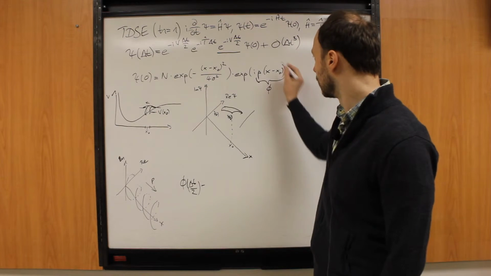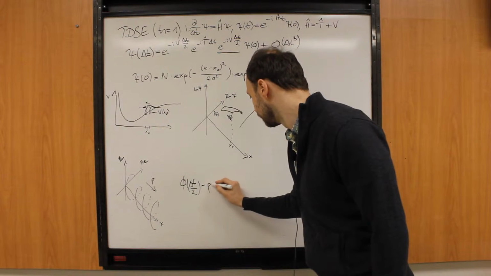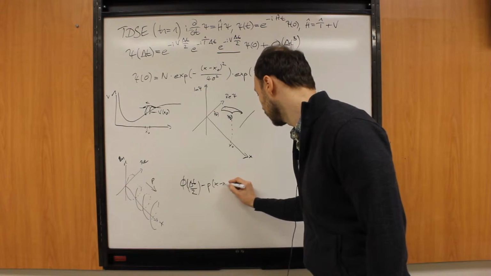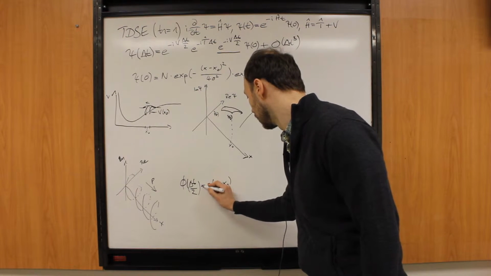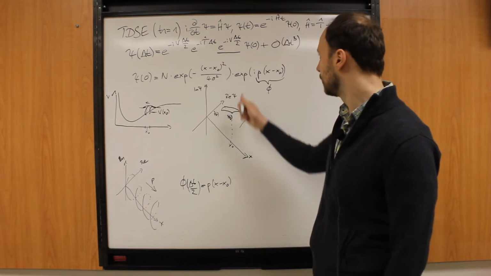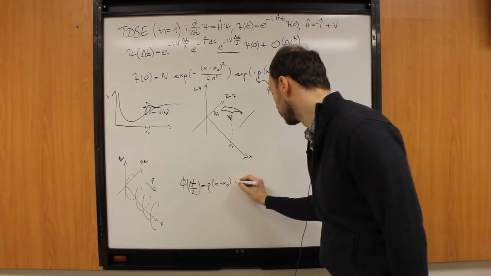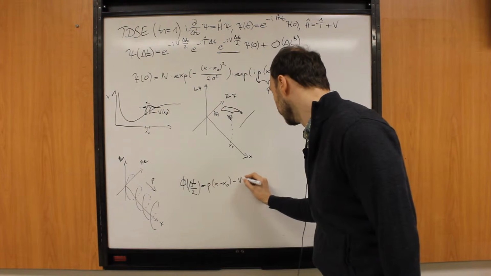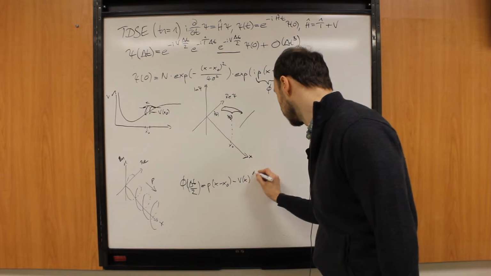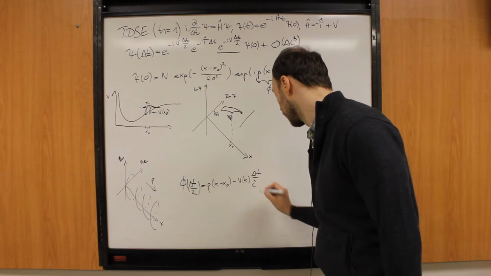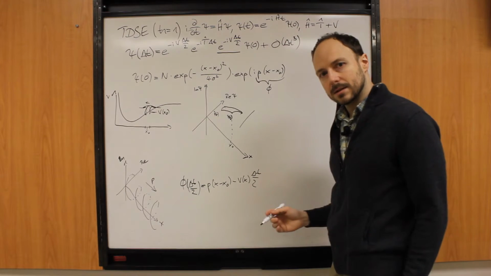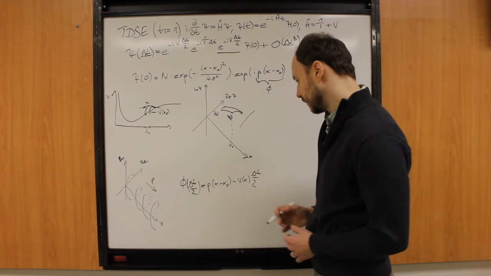the phi that we had before, p of x minus x naught. And now we're subtracting v times delta t over 2. So minus v of x times delta t over 2. So now let's bring this into a form that we can understand.